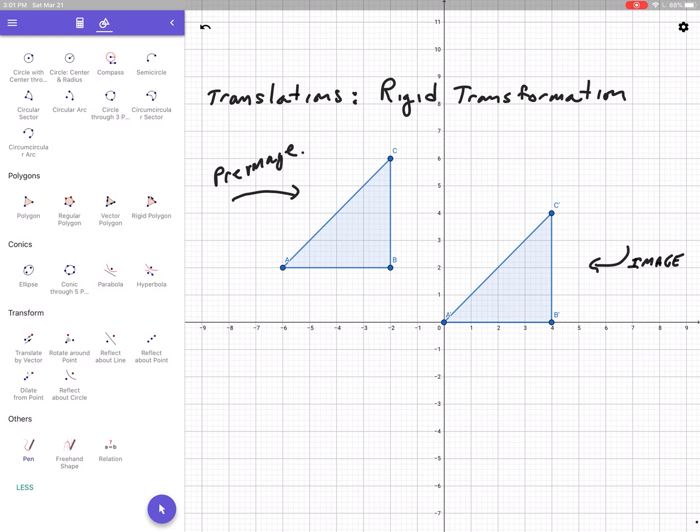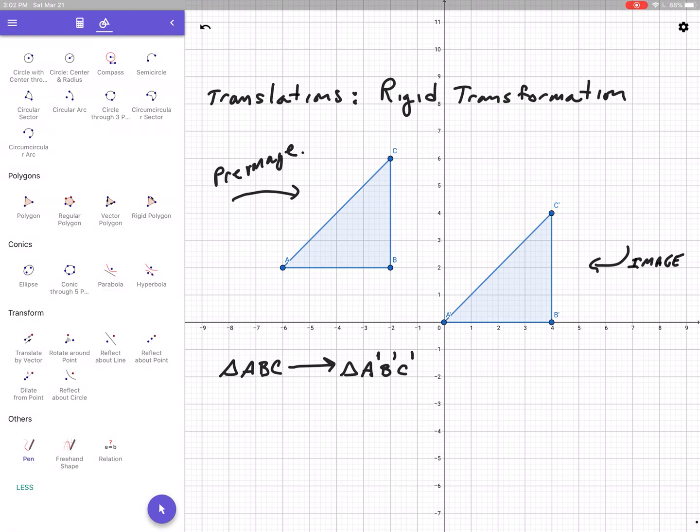Okay? So now we have to notice that there's a relationship between triangle ABC and triangle A prime, B prime, C prime. So what we're going to say here is that triangle ABC translates to triangle A prime, B prime, C prime.